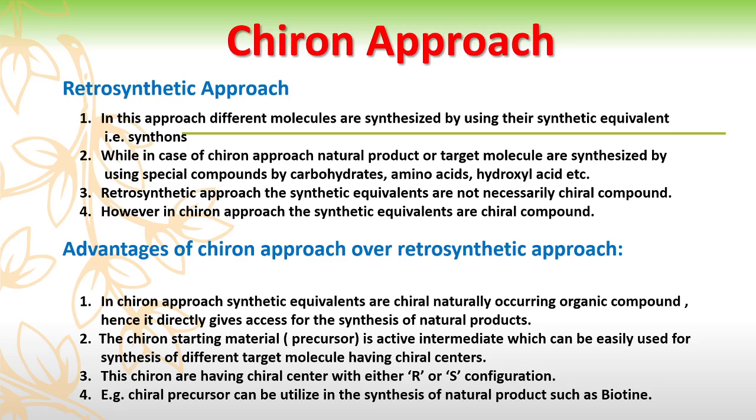Therefore, both the precursor and the target molecule have chiral centers. These Chirons have chiral centers with either R or S configuration. For example, the chiral precursor can be utilized in the synthesis of a natural product such as biotin. Biotin is a natural product.